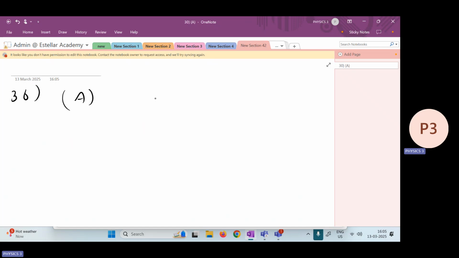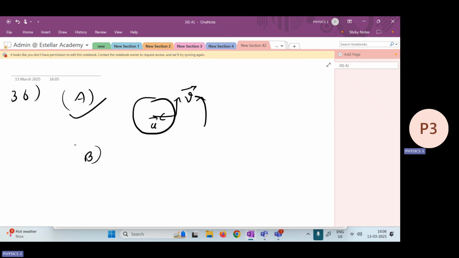In uniform circular motion the speed is constant, so v is always in the tangential direction, acceleration is always towards the center, and omega's direction is given by the right hand thumb rule, so it is vertically upwards or downwards. As we can see, these are mutually perpendicular, so statement A is absolutely correct.